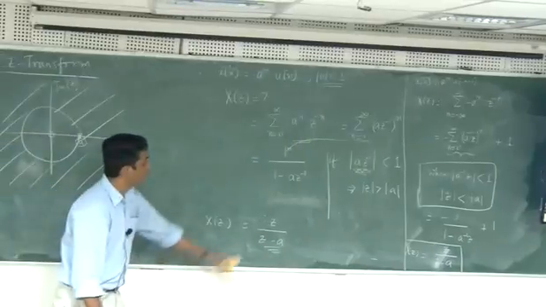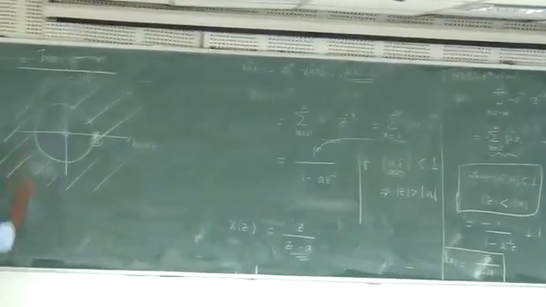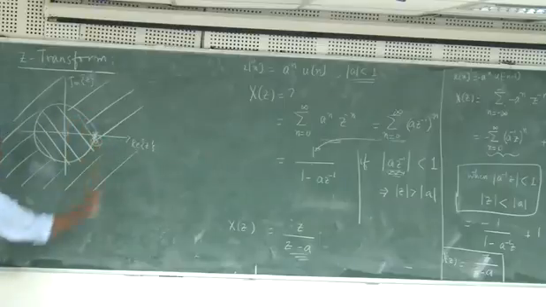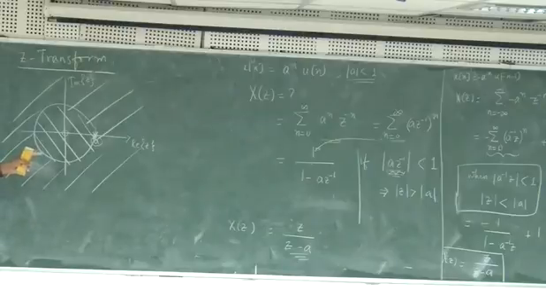Okay, if I were to plot that on the same plot, it's going to be this. I still have a pole, and that pole still occurs at A, but my ROC is going to be inside that circle, whose radius is A. That is one of the things about left-sided sequences: the ROC is contained within the pole.